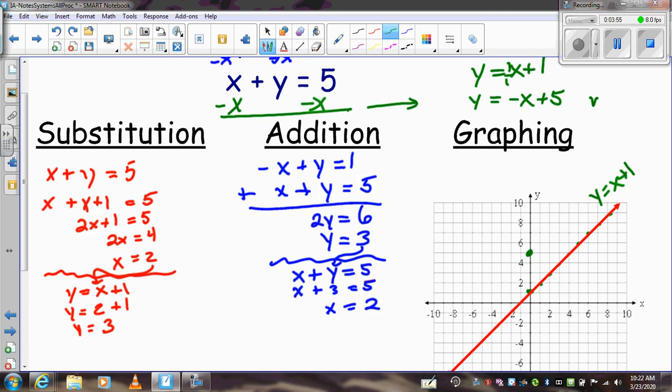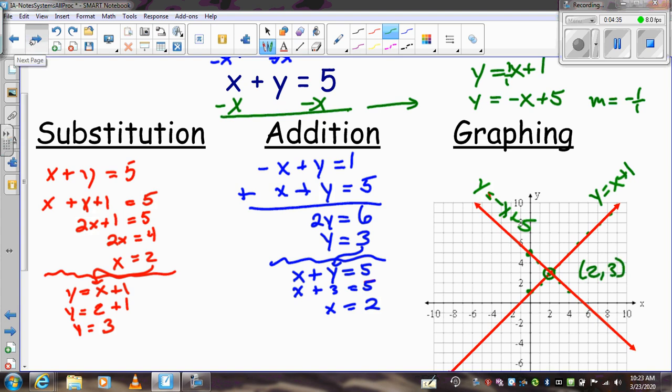And your slope here is negative 1 over 1. That means down 1 over 1, down 1 over 1. There's your solution. Connect your dots. And clearly, I can see that my solution is the same as what I found using the other methods. So the solution is 2, 3.